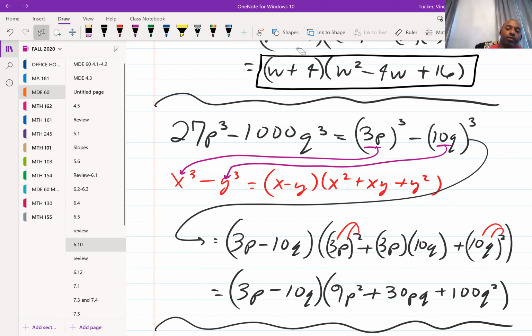And then 10q squared is 100q squared. So it's really just about establishing if you have perfect squares or perfect cubes, and then using the formula accordingly.